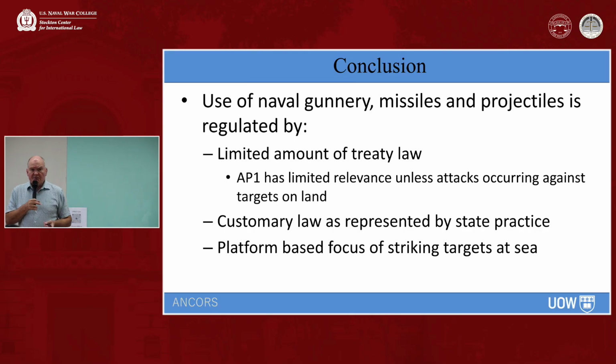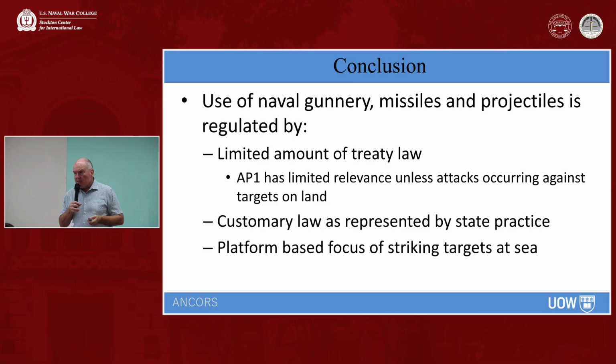So in terms of thinking about guns, missiles, rockets and so on, there is some treaty law that is applicable, that can be used to guide some general principles. Additional Protocol 1 has some limited relevance if you're attacking land targets as well.